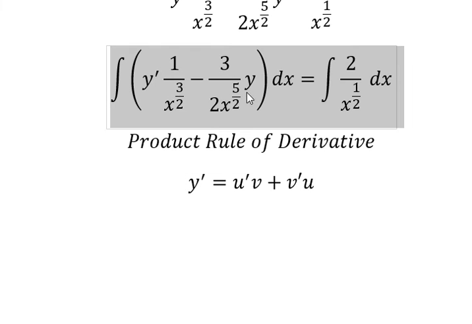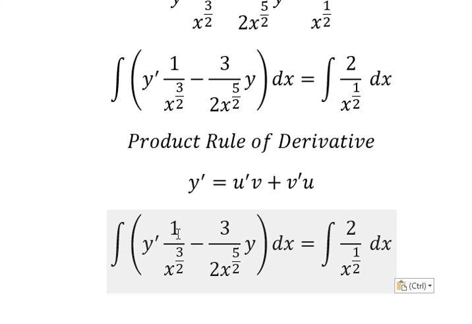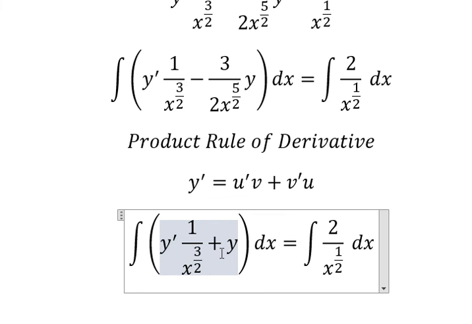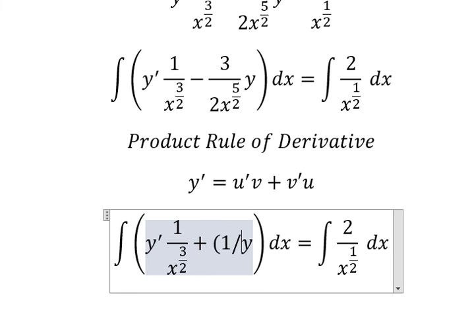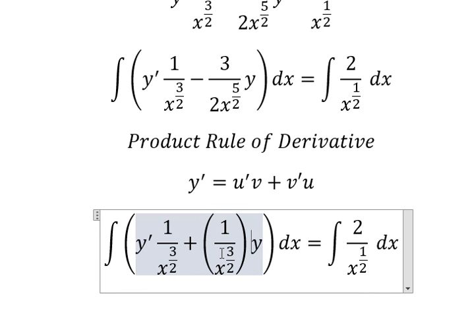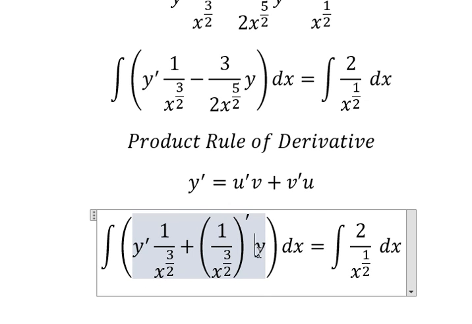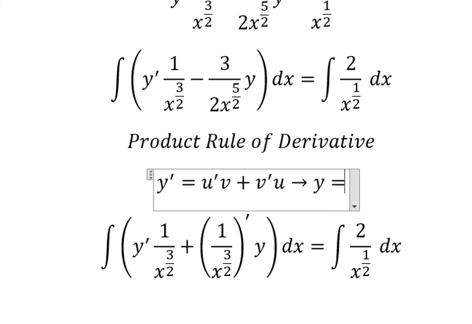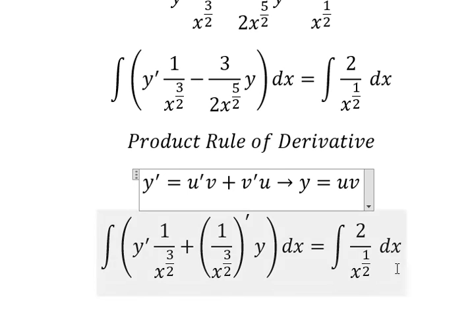So in this situation, we see that this is the first derivative of u multiplied by v. This one is the first derivative of 1 over s to the power of 3 over 2 multiplied by u. If we do this integration, you get y equals uv.